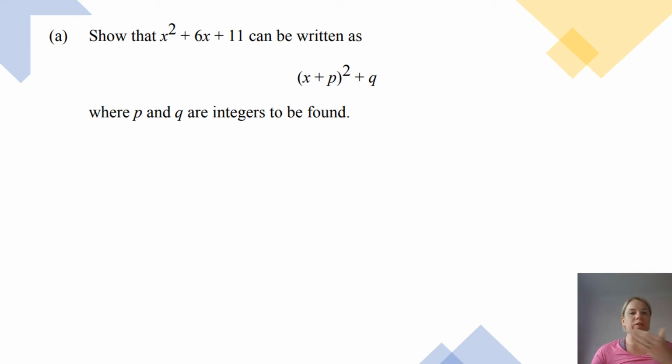This question is actually straight off an AS paper, and you might recognise it's given you a quadratic there. So x squared plus 6x plus 11 can be written as (x plus p) squared plus q. Now this format, you might remember, is called the completed square format, and that's all it's telling you to do.